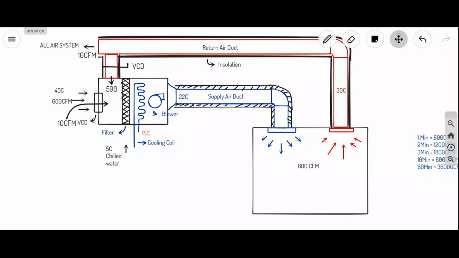If somebody asks me to develop a design for the room, how will I come to this number of CFM? That is why I am here, sir, to teach you all those things. I am telling how the system works now. It will come under heat load calculation. I'll tell you how to calculate that.